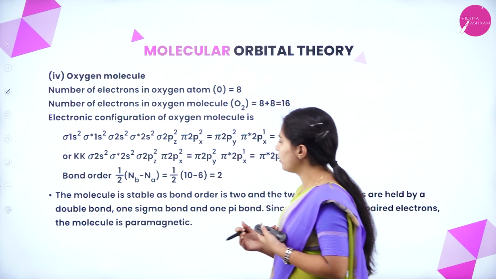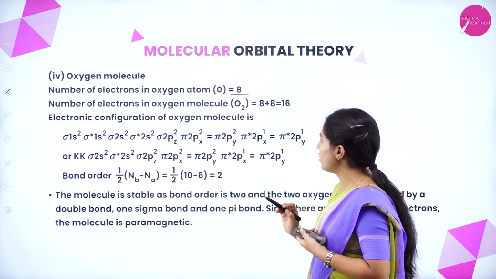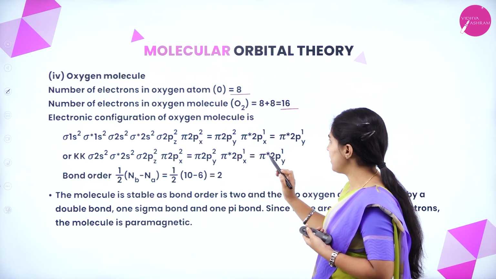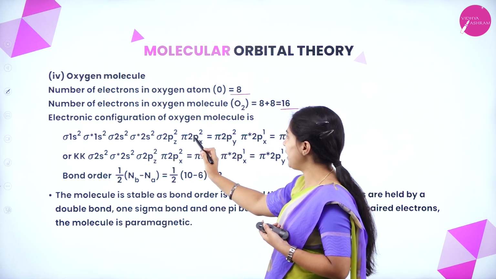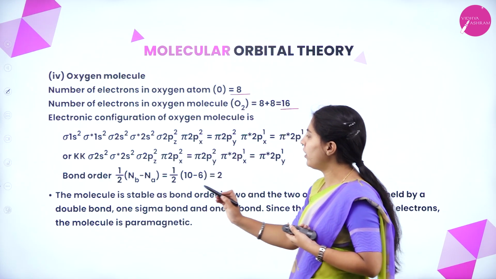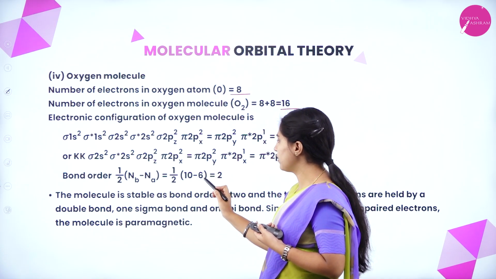Next, the oxygen molecule. The number of electrons in an oxygen atom is 8, so the number of electrons in the oxygen molecule is 16. The electronic configuration is written here, with pi 2px and pi 2py present. The bond order is half into Nb minus Na, that is 10 minus 6.